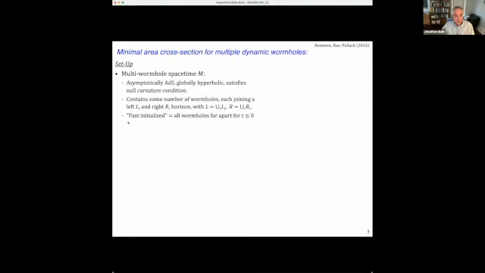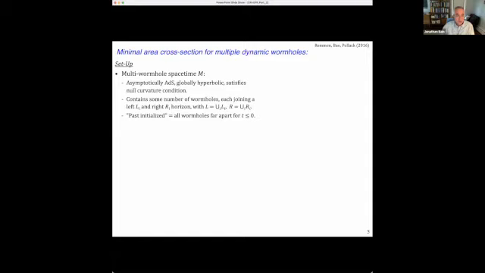And finally, it's past initialized in the sense that they assume that for some time t less than or equal to 0, say, all the wormholes are far apart, except for maybe one. I think this is just a simplifying assumption that lets them view the spacetime region for t less than or equal to 0 as extended AdS Schwarzschild spacetime.